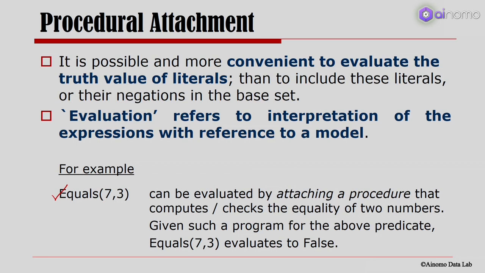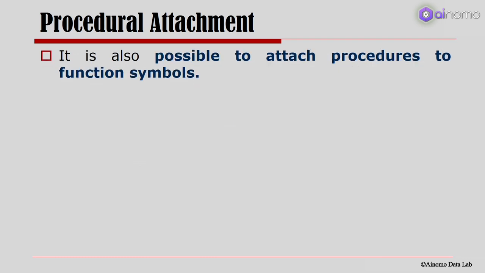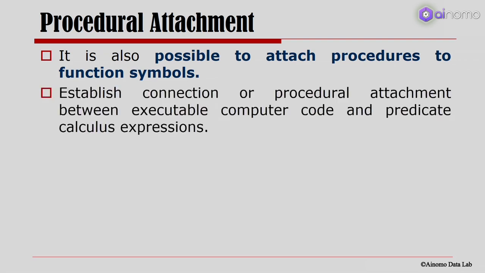This can be evaluated by attaching a procedure that computes or checks the equality of two numbers. Given such a program for the above predicate, equals 7, 3 evaluates to false. It is possible to attach procedures to function symbols as well, and then one needs to establish connection or procedural attachment between the executable computer code and the predicate calculus expressions.